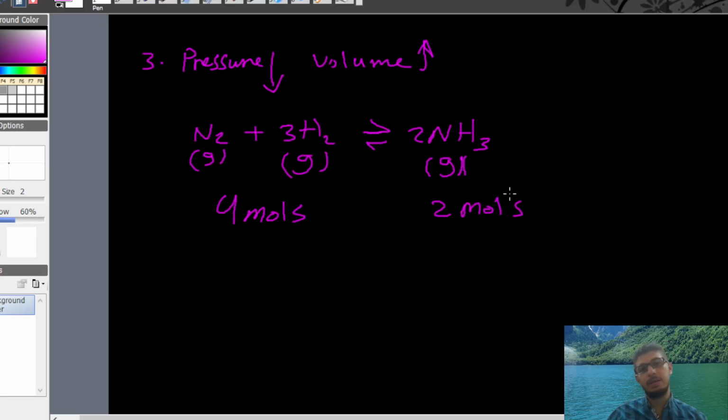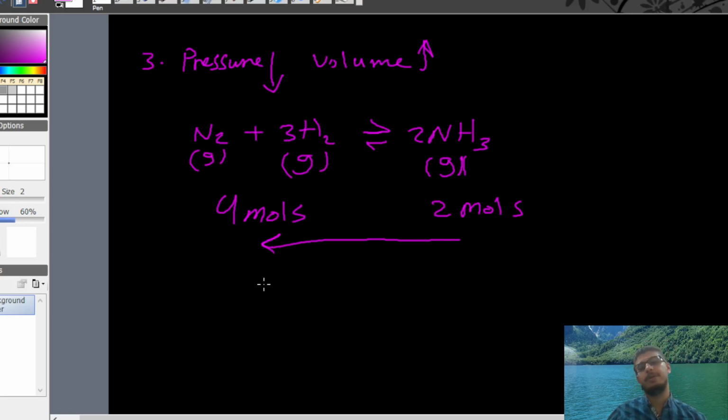If I decrease the pressure, then the reaction will shift to the side with the highest number of moles of gases. And the highest number of moles of gases here is in the reactants, right? So that's the effect of pressure.